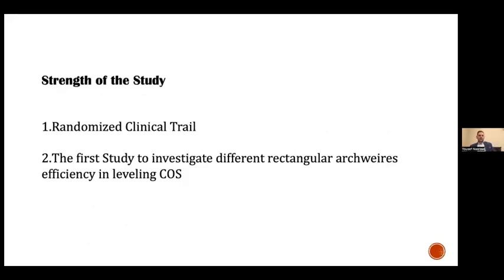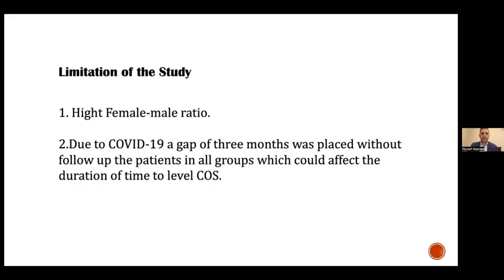The strength of this study is that it was a randomized clinical trial, and it was the first study to investigate different rectangular arch wires' efficiency in leveling the curve of Spee. Limitations of the study: sorry for the error in the writing, it's a high female-to-male ratio, so the number of females was more than males.